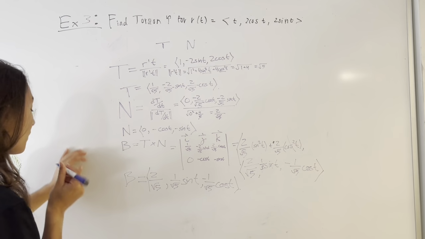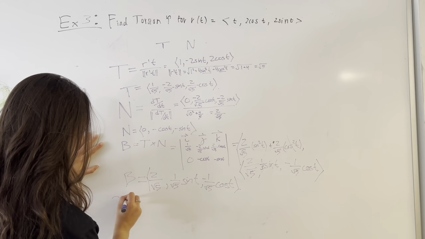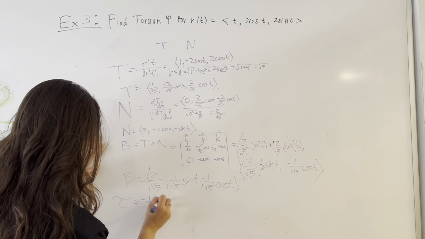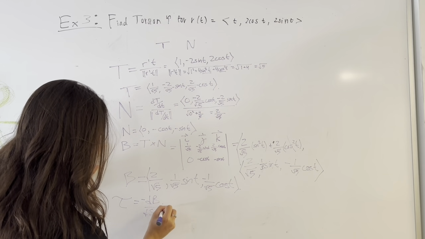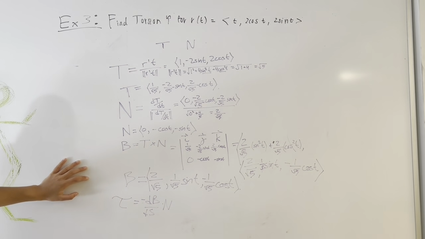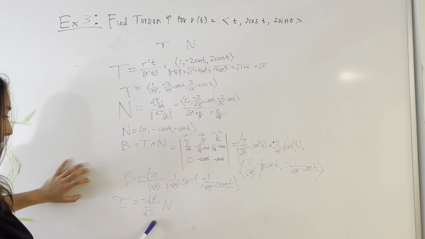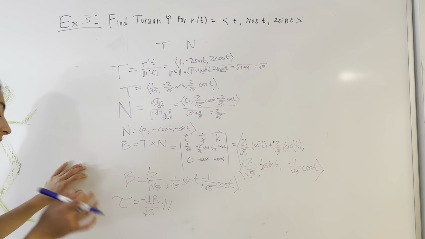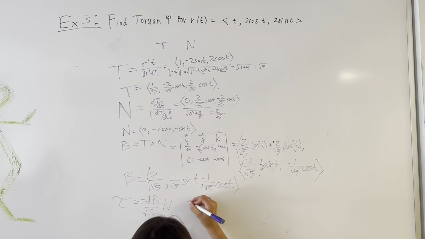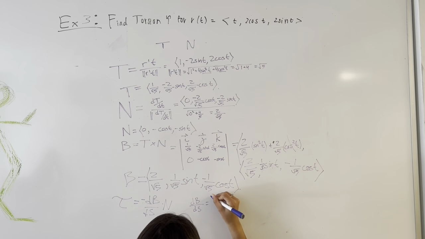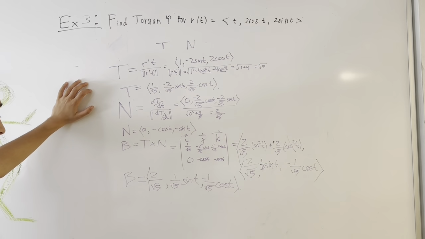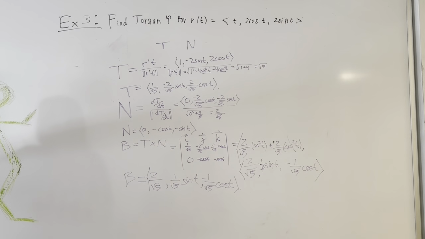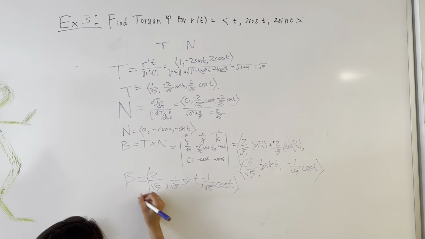But I want to find the torsion. And we know from what David taught that torsion is equal to negative dB over ds dotted with N. So I'm going to treat dB over ds as B prime over the magnitude of r prime, because we already derived that using the chain rule. So I think I can use negative dB over ds dotted with N. Let me do that next.